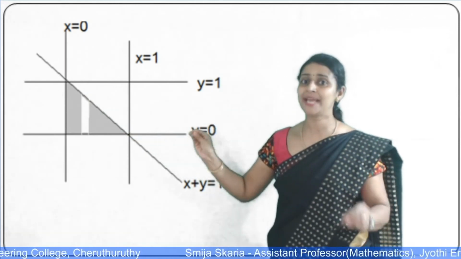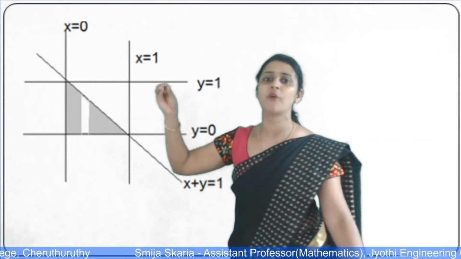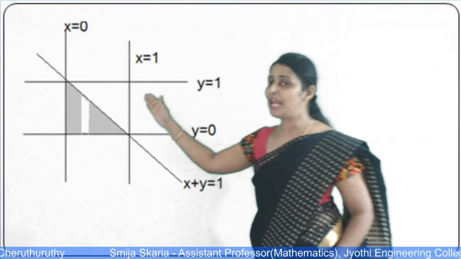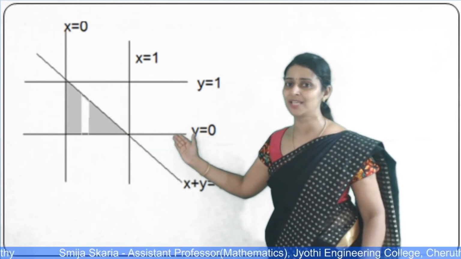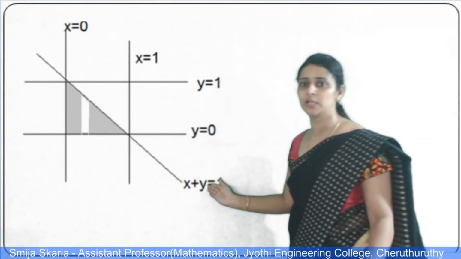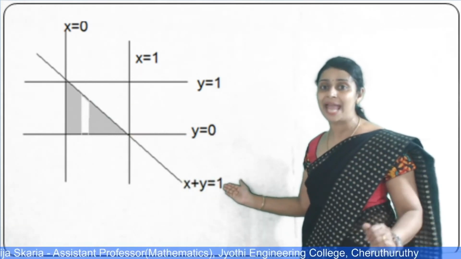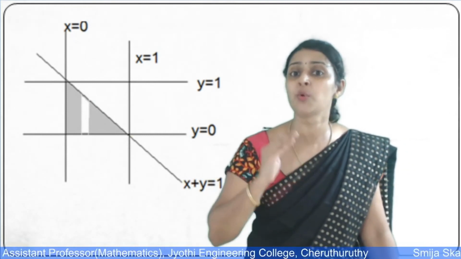So we have to take the value of y at the bottom and top portion of that strip. So the value of y at the bottom portion of the strip is y equal to 0 and the value of y on the top is y equal to 1 minus x. So the limit for y is from 0 to 1 minus x.